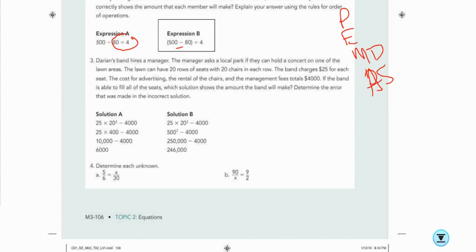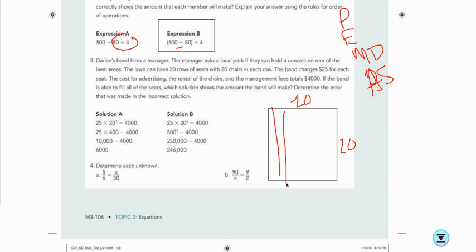I'm essentially going to have my grid. And so once I have my grid, this is going to be 20, and it's going to be 20. I'm not going to show the grid here, but I would basically have my lines 3, 4, 5, 6, 7, 8, except there's a lot more of them. I'm going the other way. I don't have enough, but each of these squares would be a seat.